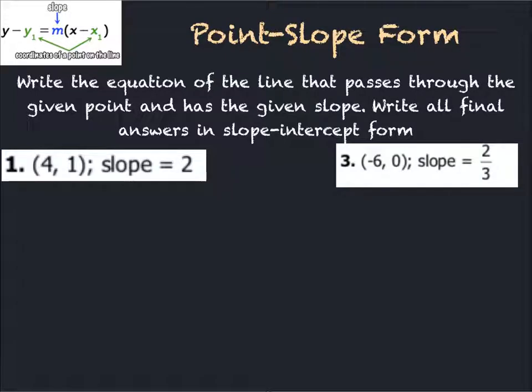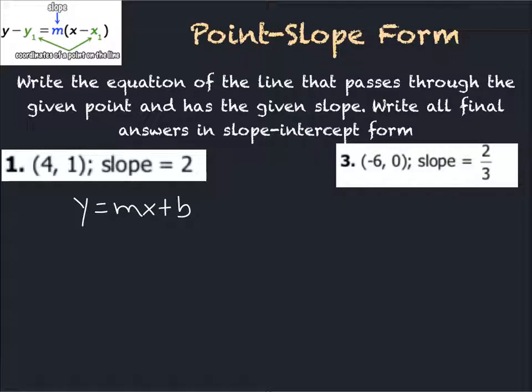Write the equation of the line that passes through this given point and has a given slope. Write all final answers in slope-intercept form, which again is y equals mx plus b. And we'll do this first example, and then we'll focus on the latter example in class. So y equals mx plus b is the format that we're trying to change this equation to.